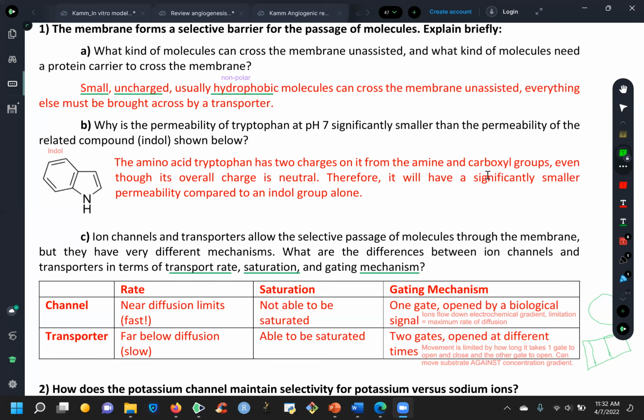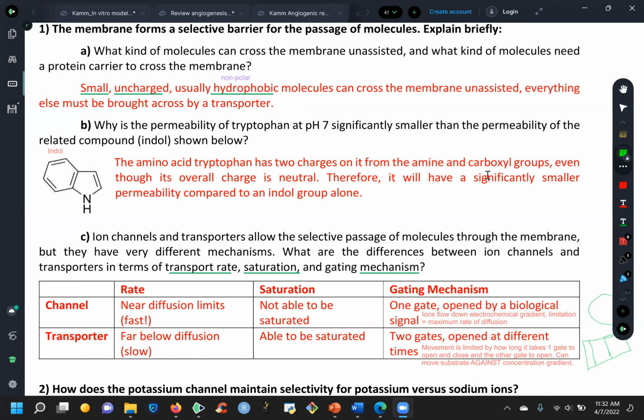So what does that mean about its permeability? It's not really going to be able to cross the membrane, right? Because only uncharged stuff can cross. But if we look at indole, it's got 2 little cyclic structures and it has an NH. Now, this NH for indole does not donate its proton, no matter the pH.